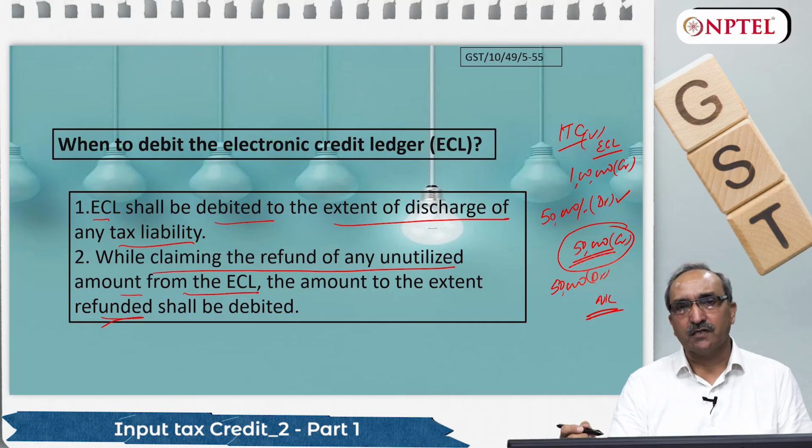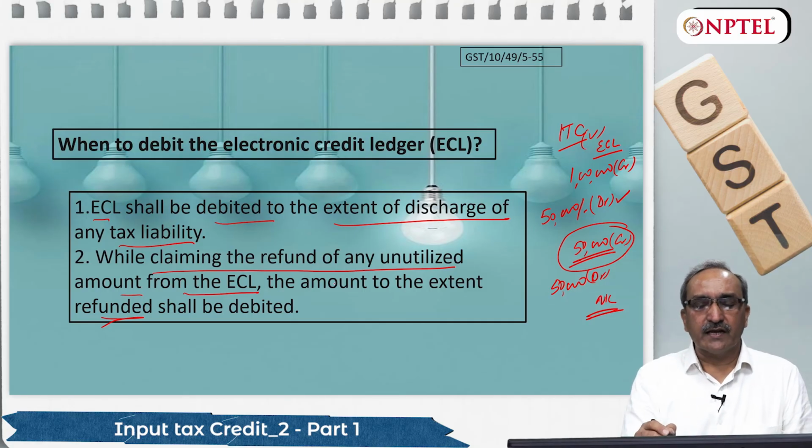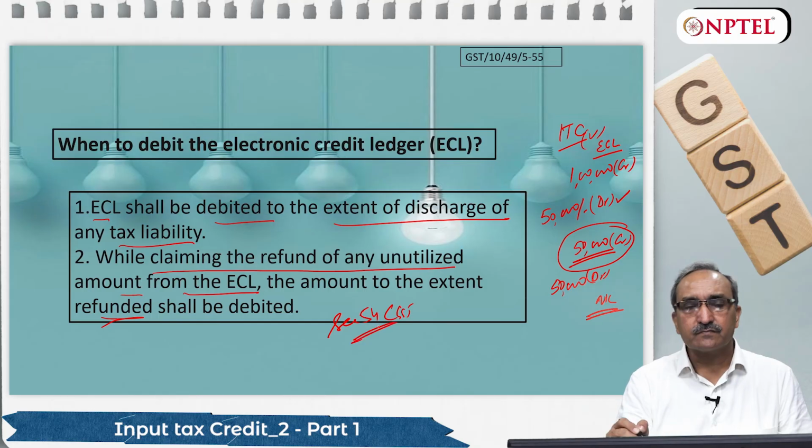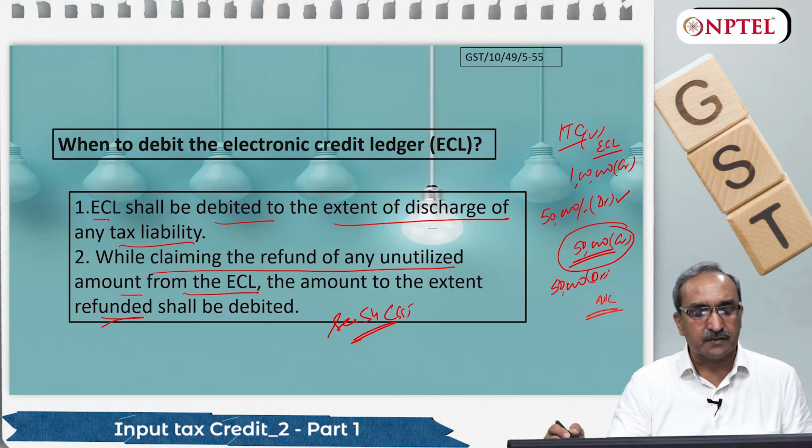Whenever you have any refund, you can claim it as per section 54 of the CGST Act, this ledger will be debited and the amount will be transferred to your bank account. So it will help you in your working capital.